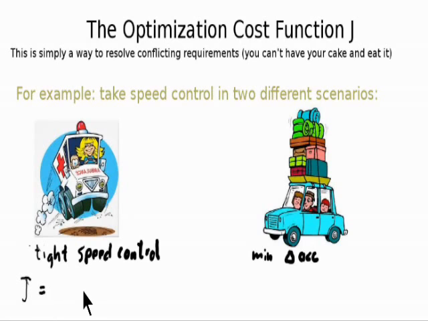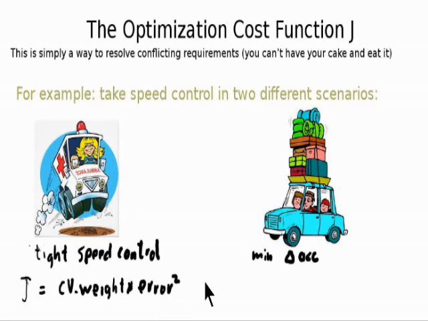Optimization cost function J equals a CV weight, that's an adjustable coefficient, times the error squared, and the error is the difference between the required and the actual speed.